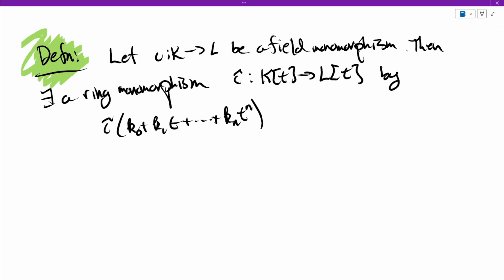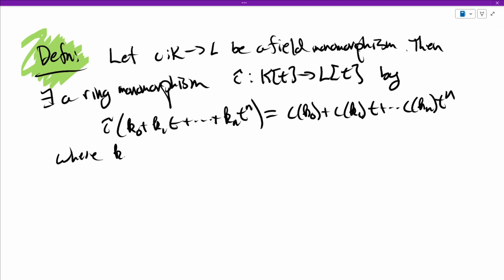So if we just need to take K coefficients and turn them into L coefficients, then what should we do for iota hat? Well, we should just apply iota to the coefficients and leave the t's alone. And this is, of course, where k0, k1, all the way up to kn are in K.